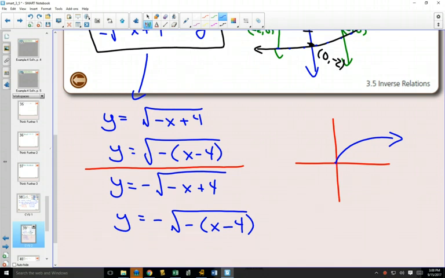It would take it and flip it down. So now we have our graph here. The next negative inside would take this and flip it over. So then it would move over here. And then finally, move it 4 to the right, would end there, and that would be the bottom part of that black graph.